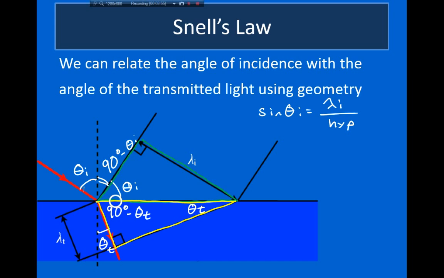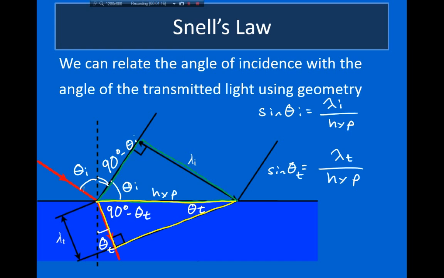Let me just go ahead and label this. So this side right here is just this hypotenuse of these two triangles. Similarly, sine of the transmitted angle is going to be equal to the wavelength of light inside this material divided by this hypotenuse of the triangle.